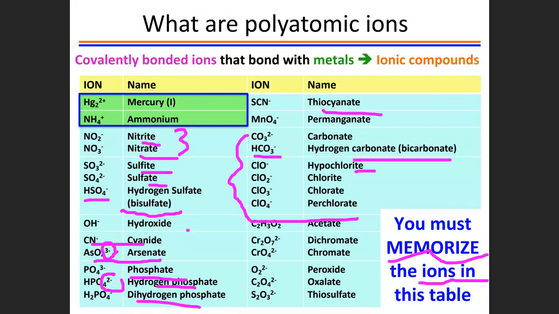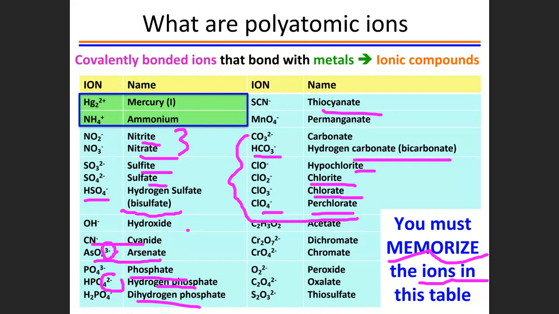Hypochlorite, ClO, negative charge. ClO2, negative charge, chlorite. ClO3, chlorate. ClO4, perchlorate. So like sulfite, sulfate, ClO2 chlorite, chlorate, but still have another one, ClO4, that name is perchlorate.